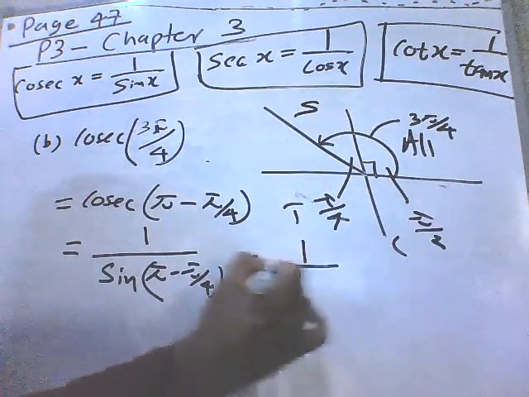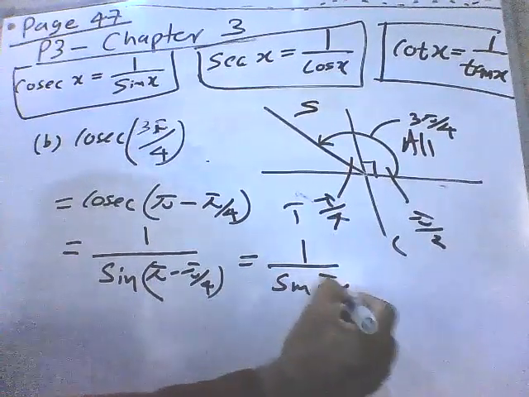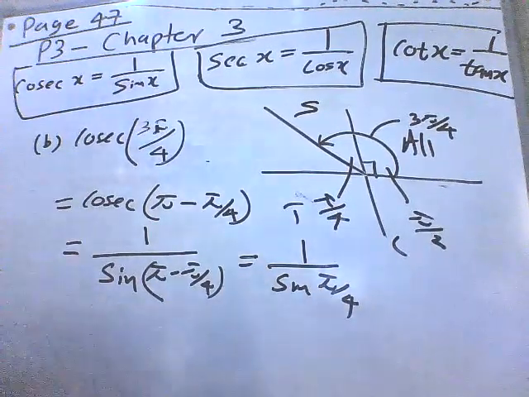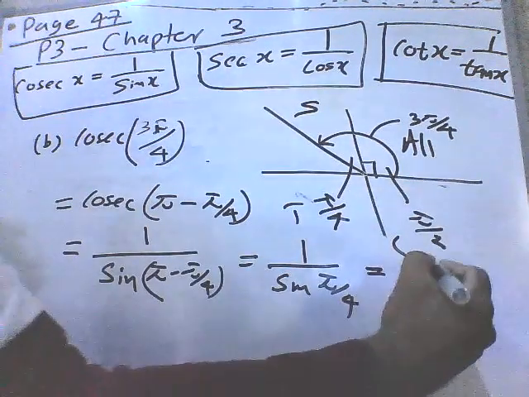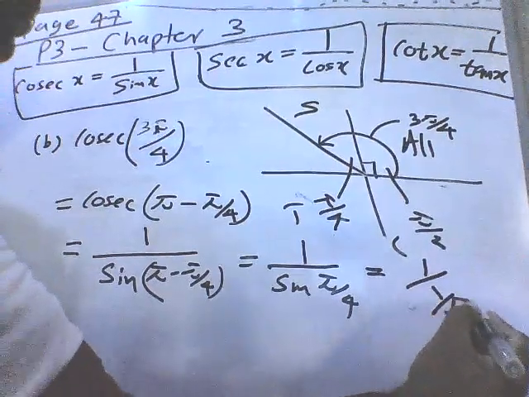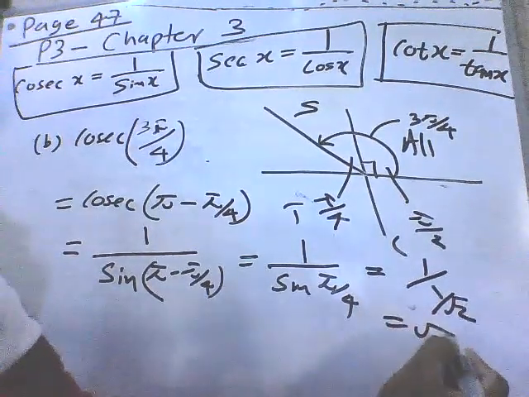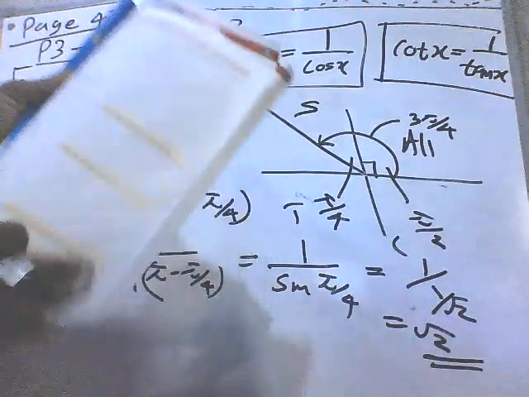So this is equal to 1 over sine pi over 4. Pi over 4 means 45, so 1 over 1 over root 2. So the answer would be root 2. We'll check the book's answer. Right, root 2.